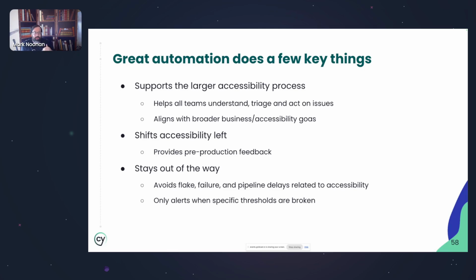So your system should communicate accessibility issues in the best way at the appropriate time without necessarily causing unrelated things to fall over. So your general functional test pipeline doesn't have to fail or have flake or delays while accessibility is being checked. If you can devise a system to report that externally, you can let those functional tests complete and still get all the accessibility feedback all at once that you want.